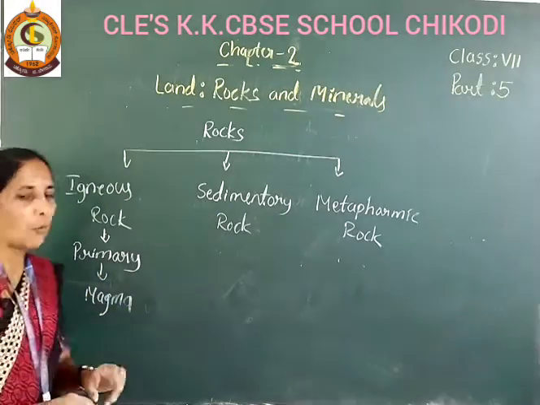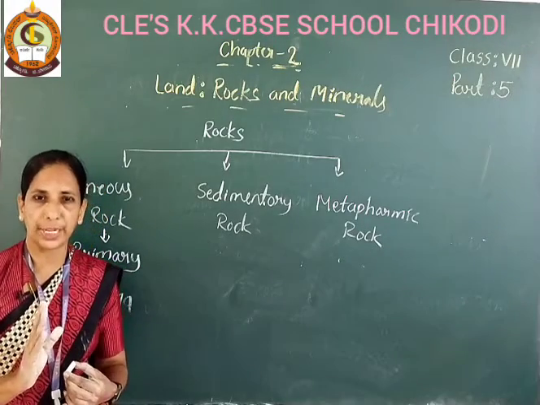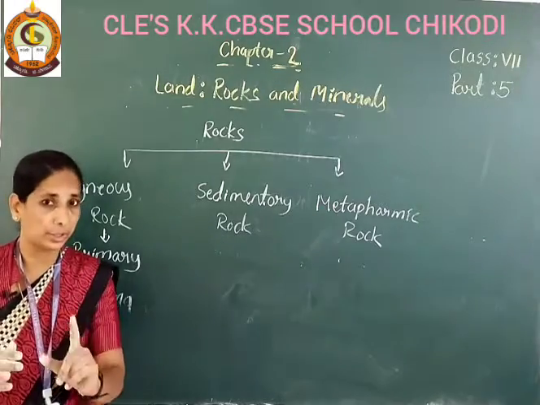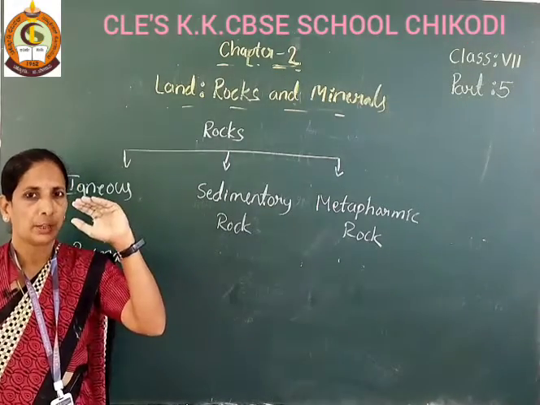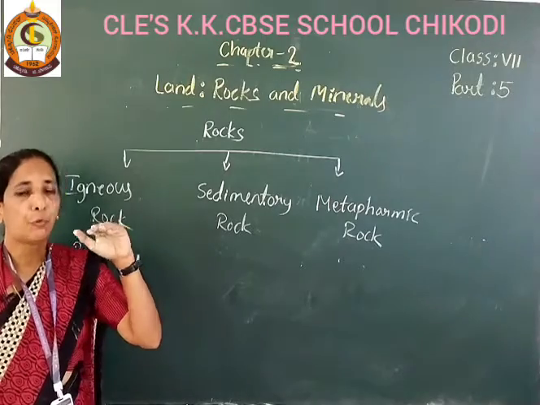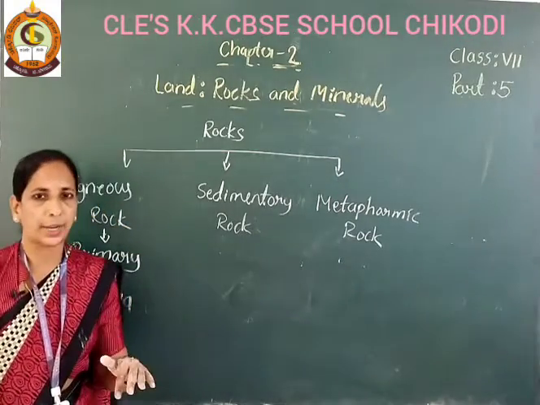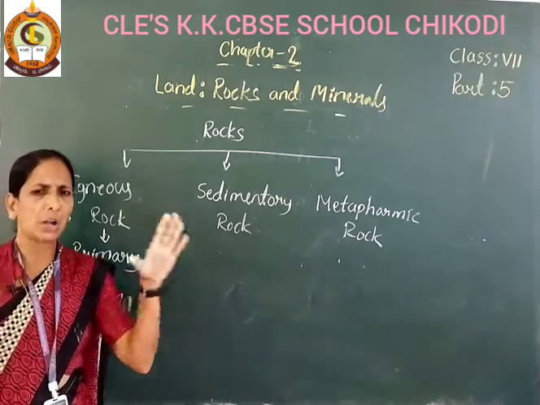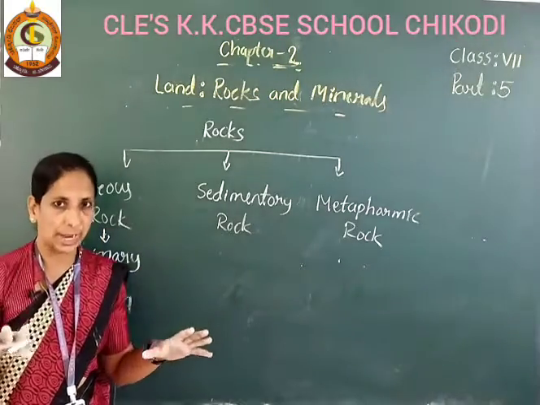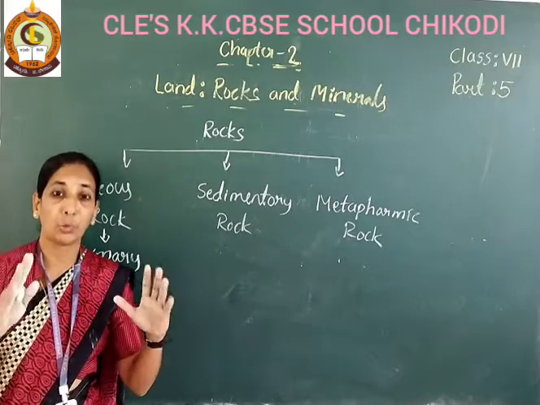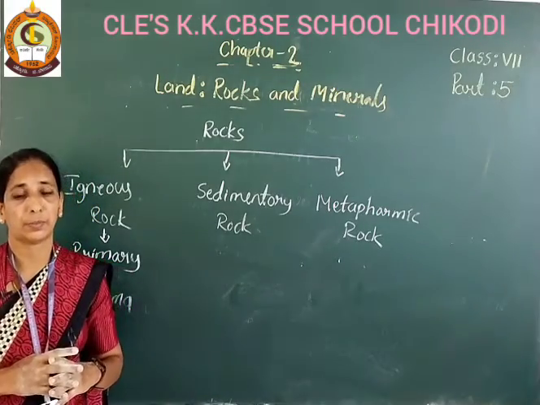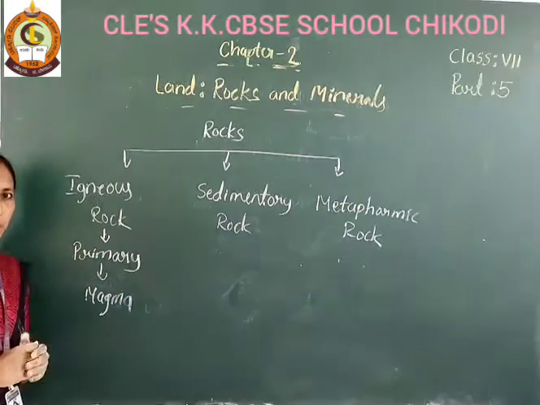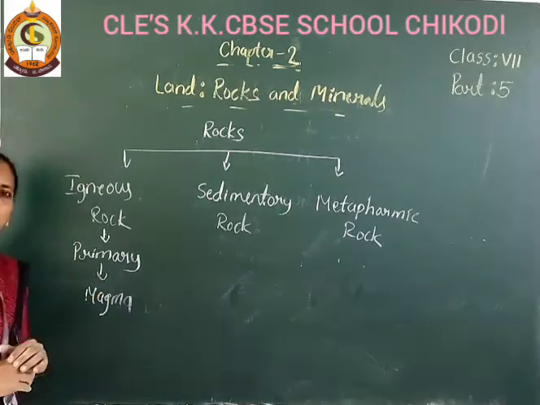When magma or lava flows out of the earth's surface, it very quickly solidifies. That rock we call igneous rock. So it is the primary rock.